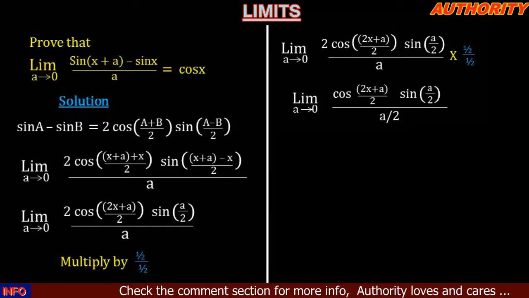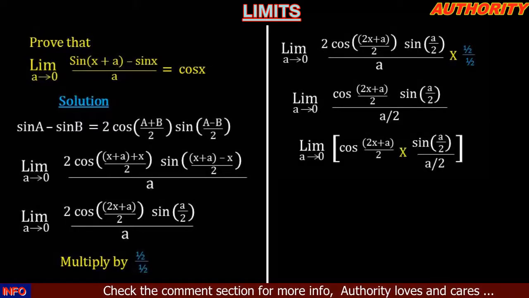You get it? Good. Now let's split this into 2. It's still the same thing as saying limit as a approaches 0 of cos (2x plus a) all over 2 times sine a all over 2 all over a all over 2. When you combine this together, it will still give you the same thing as we have above.